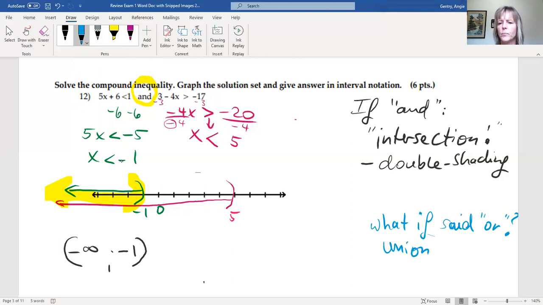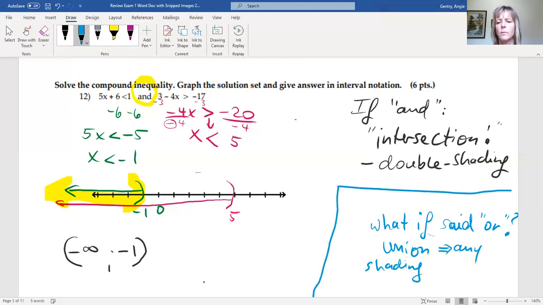And union is any shading. So this is not the answer to this problem. But if it said or, you would say, hey, any shading, anything that's shaded, I see that. It starts at 5 and it goes to negative infinity. So hopefully that helps a little bit. And then we'll do the next one.